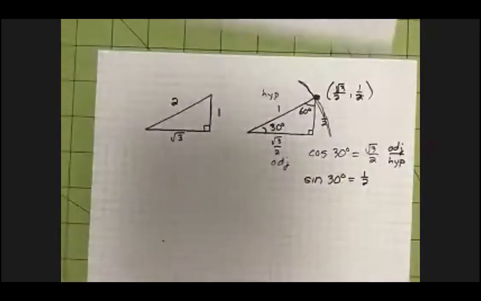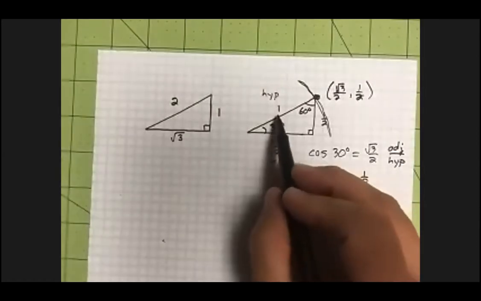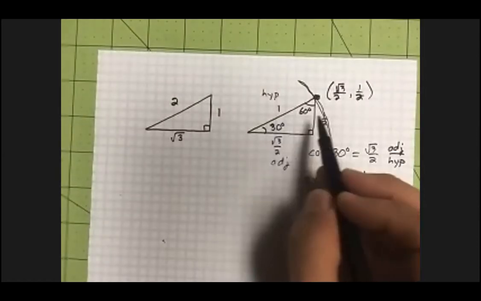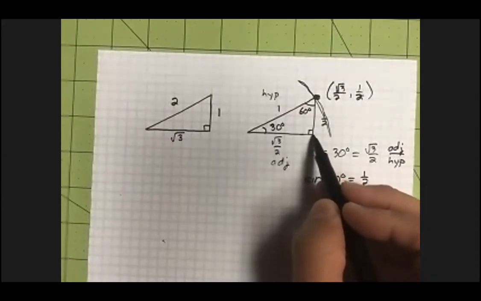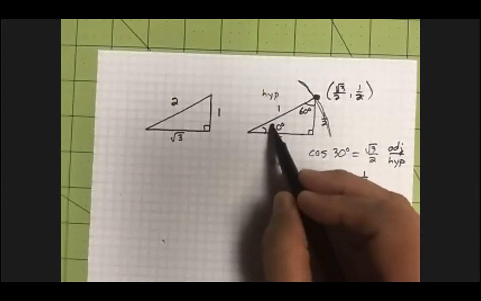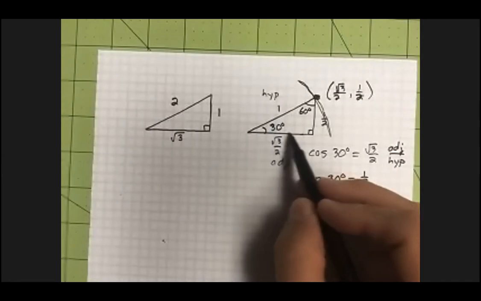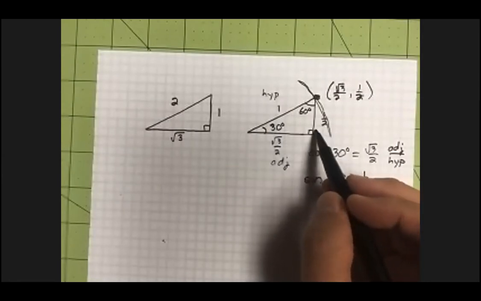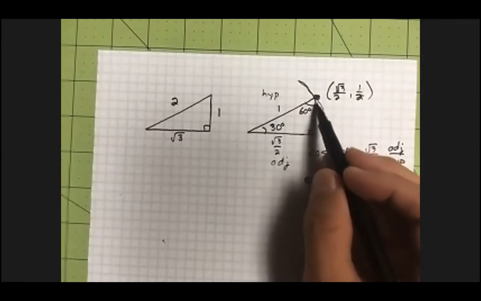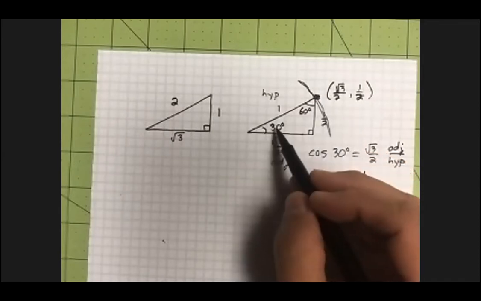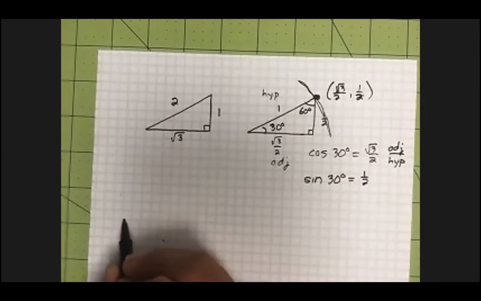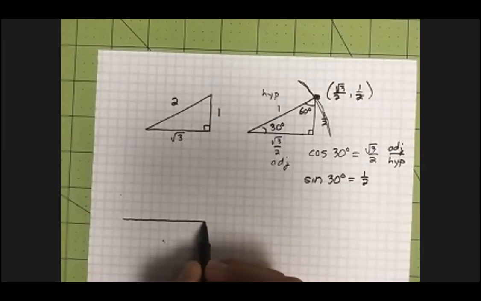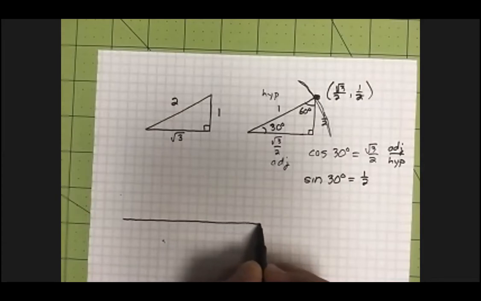Okay. So again, when you think hypotenuse 1, what you get for the x leg is the cosine of that angle based on the x-axis. What you get for the sine, what you get for the y leg or the y-coordinate is the sine of that angle. Let's try it on the last famous triangle, which went 3, 6, 9, 12, 15.